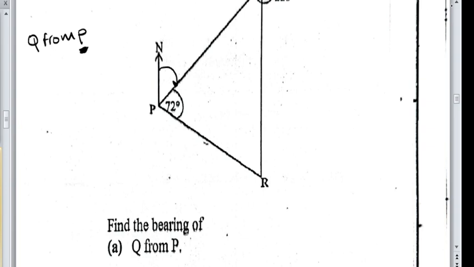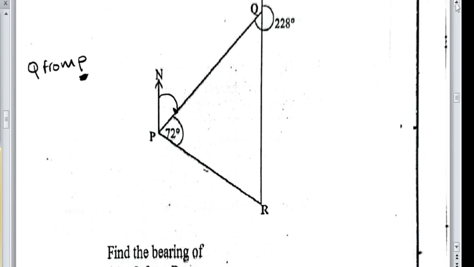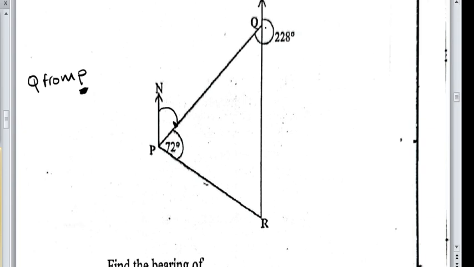So this line is where Q is found, because Q is there. This is our Q here. Then this is the angle we are looking for. How can we find this angle? This angle here and this angle here are going to add up to 180.